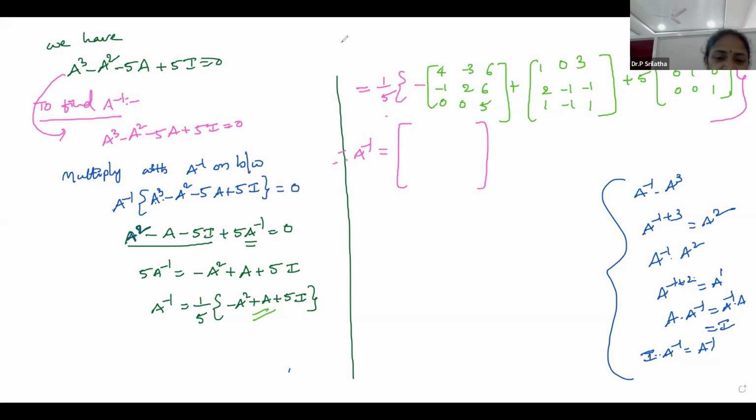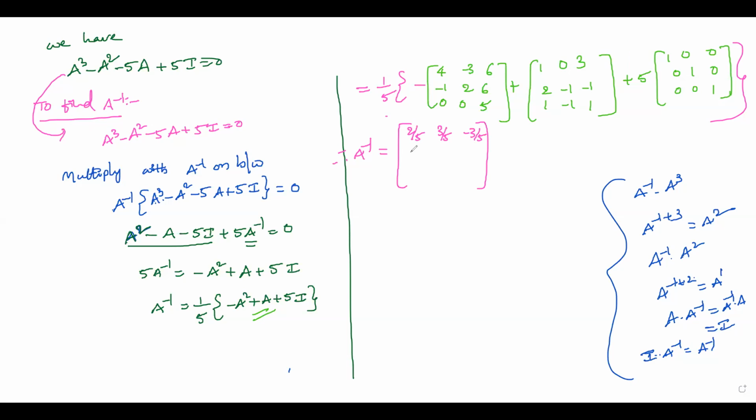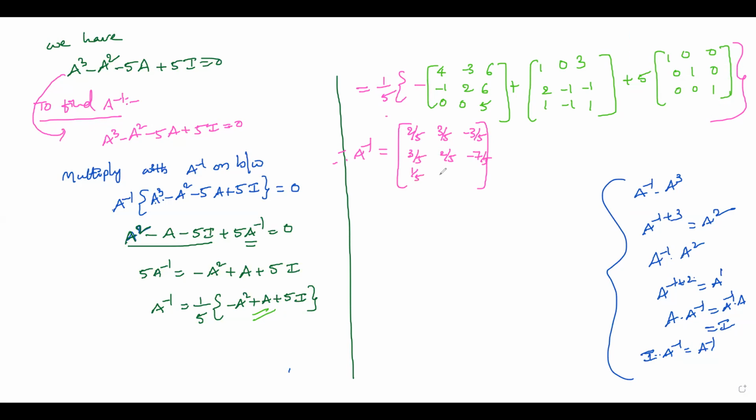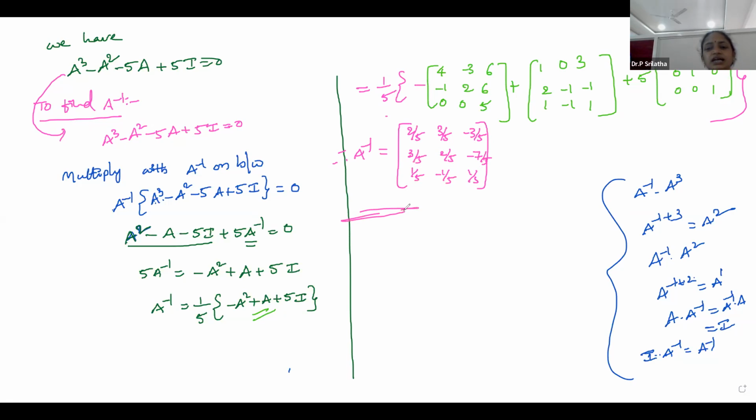So what is the answer? 2 by 5, 3 by 5, minus 3 by 5; 3 by 5, 2 by 5, minus 7 by 5; 1 by 5, minus 1 by 5, 1 by 5. So this is the answer. You can do it with a calculator and write it here.